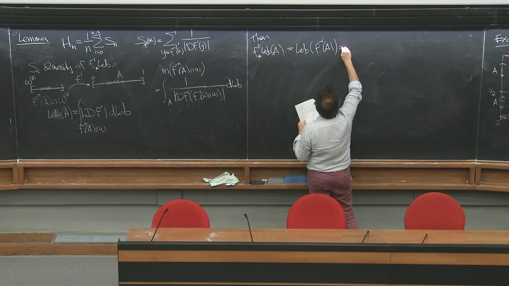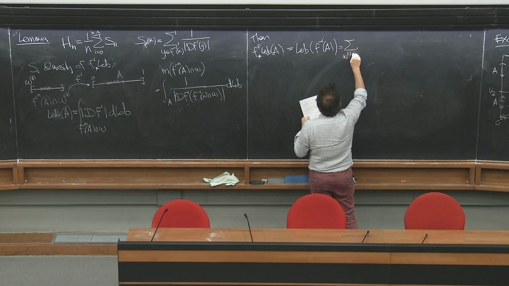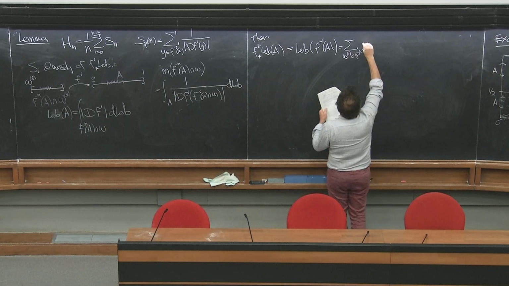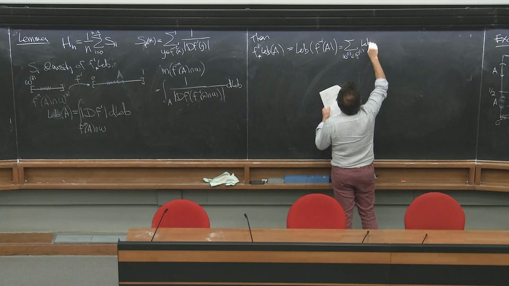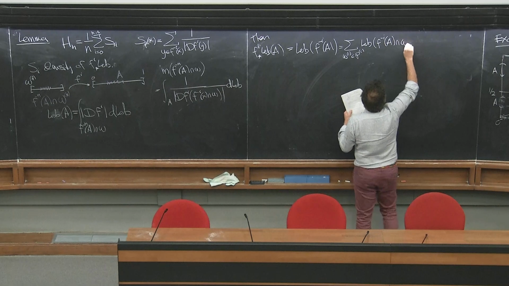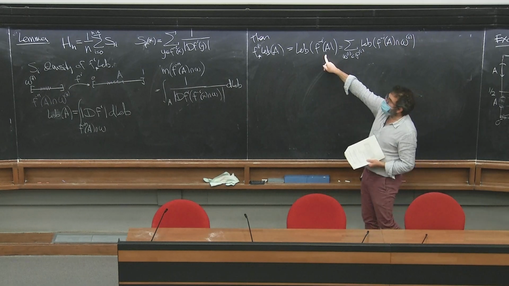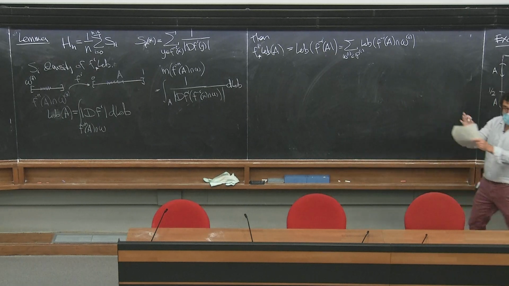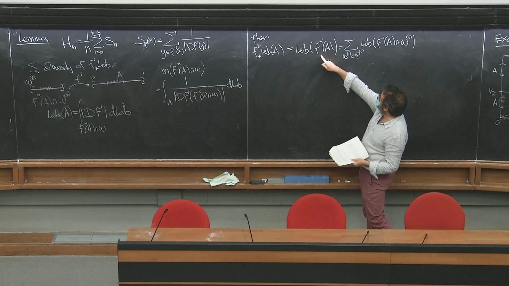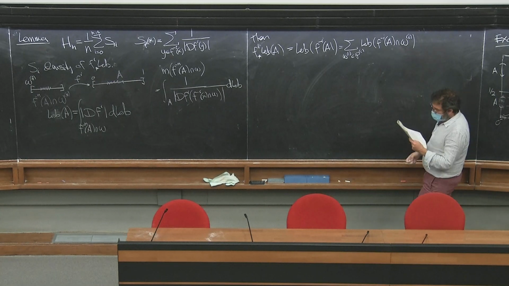And this is equal, by definition, to the sum over all omega_i in Pi of the Lebesgue measure of F^{-1}(A) intersection omega_i, right? Because F^{-1}(A) has many components, each one in each branch. So if you want the Lebesgue measure of this, you just sum the intersection of this preimage with each branch.